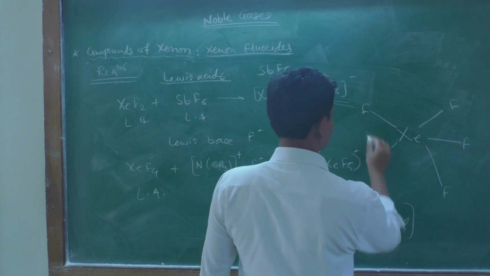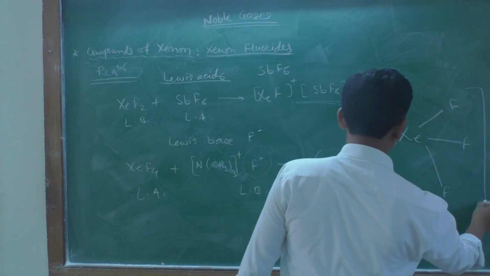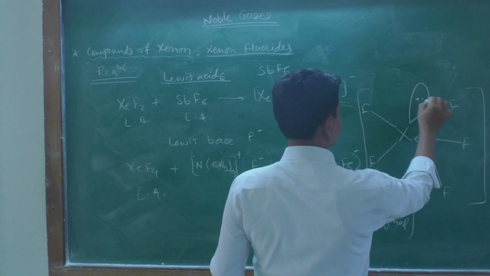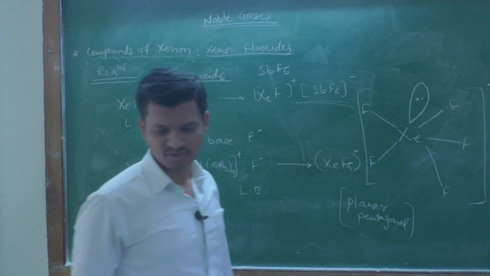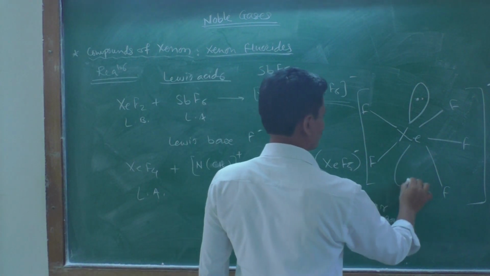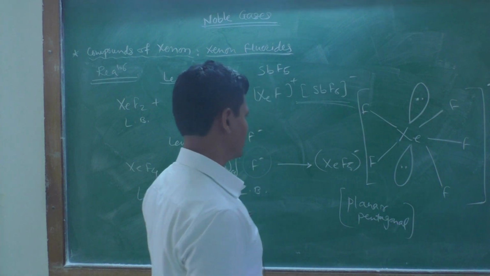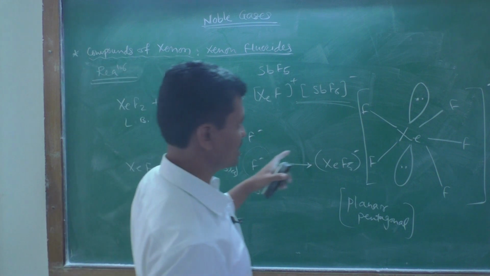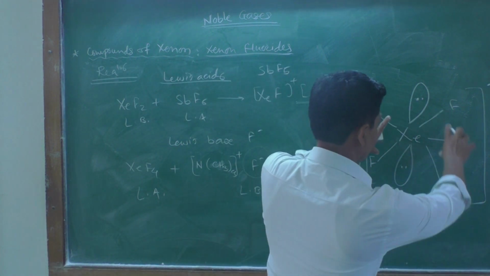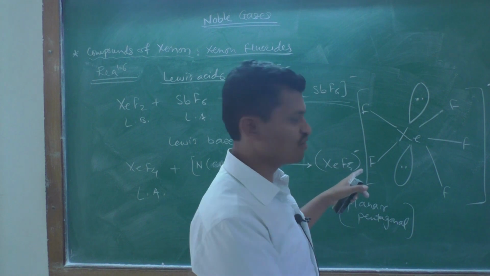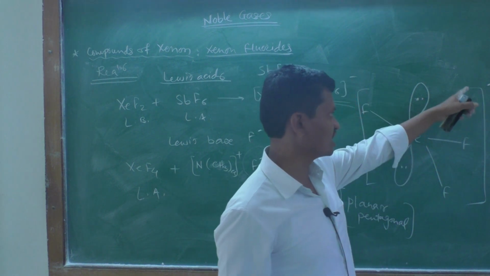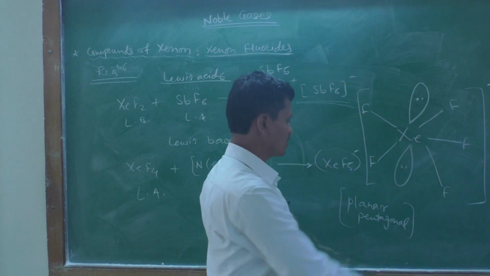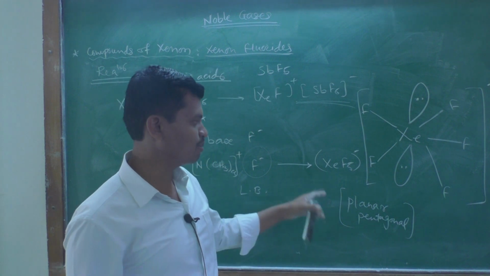The geometry of this anion is planar pentagonal, with two lone pairs of electrons, just like XeF4, we know that it is carrying two lone pairs. So two lone pairs with 4 bond pairs, and the 5th bond pair with the added fluorine. The total charge carried by this ion is -1. So this is the geometry of XeF5 minus, that is planar pentagonal.